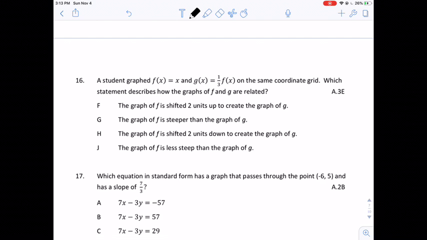Problem 16. A student graphed f of x equals x and g of x equals 1/3 f of x on the same coordinate grid. Which statement describes how the graphs of f and g are related? I want you to look at f of x equals x. In this case, this happens to be the parent function.